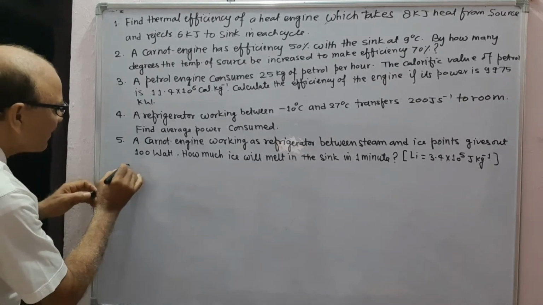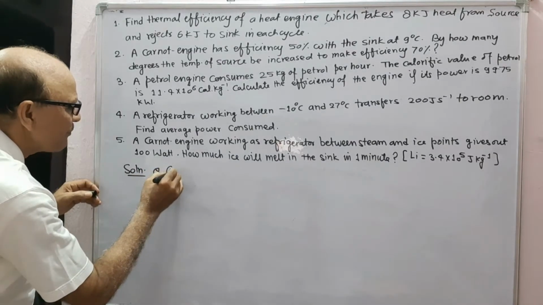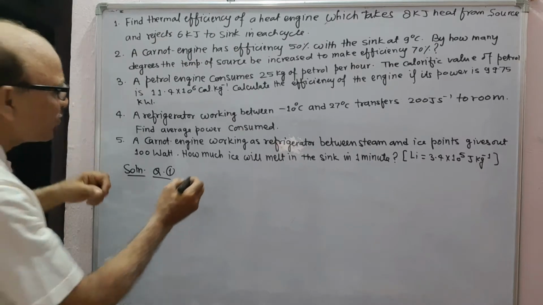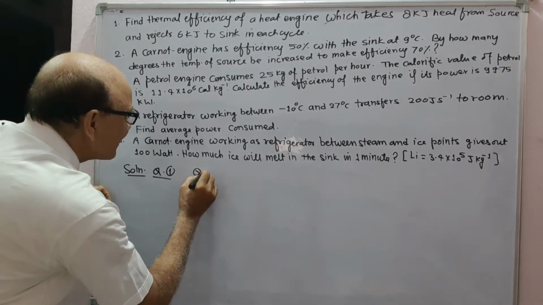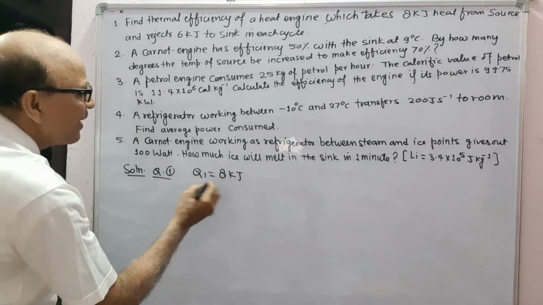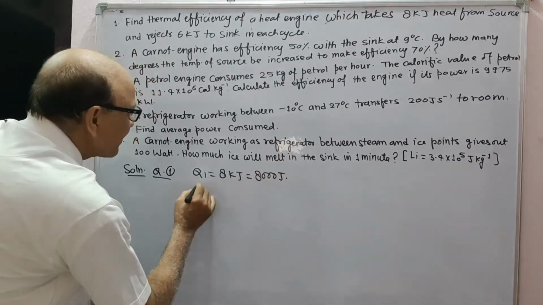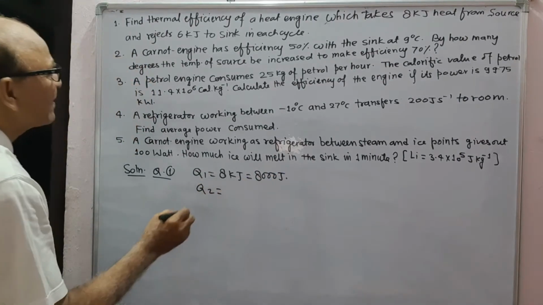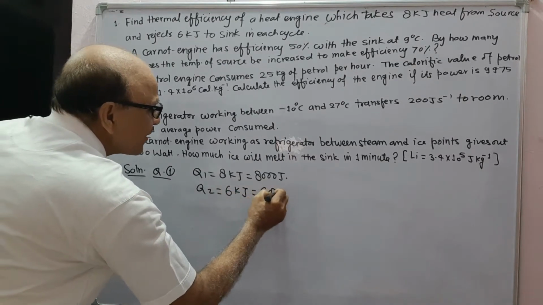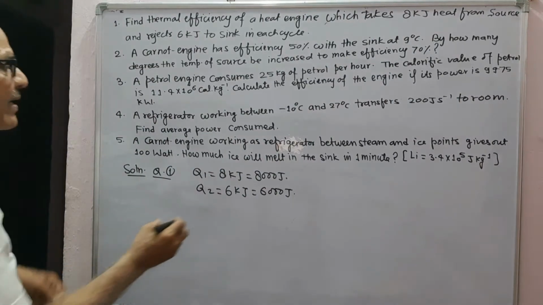So the solution of question 1, here takes heat 8 kilojoule means Q1 is equal to 8 kilojoule, 8000 joule, and Q2 is heat rejected to sink 6 kilojoule, which is 6000 joule. We have to find the thermal efficiency.